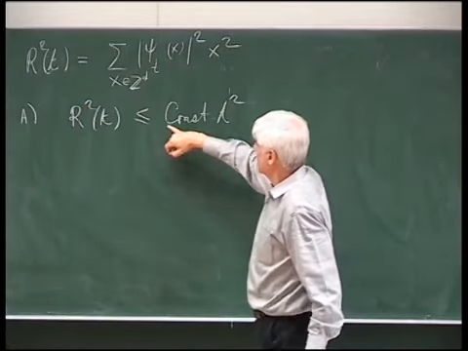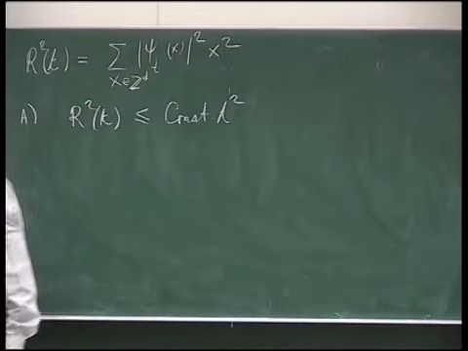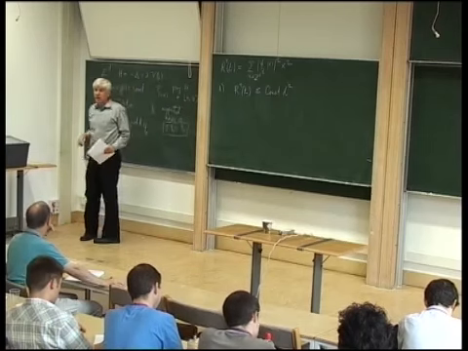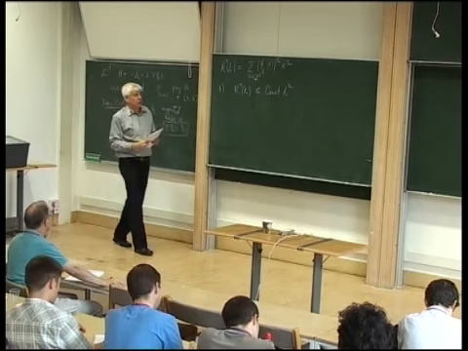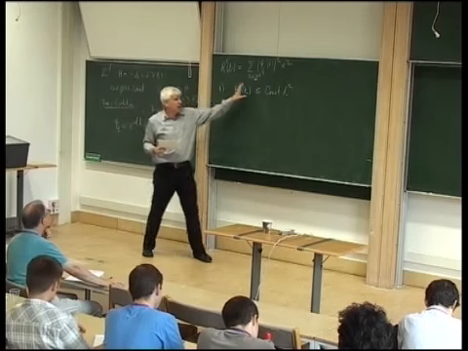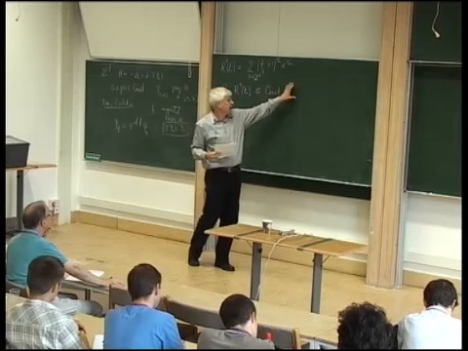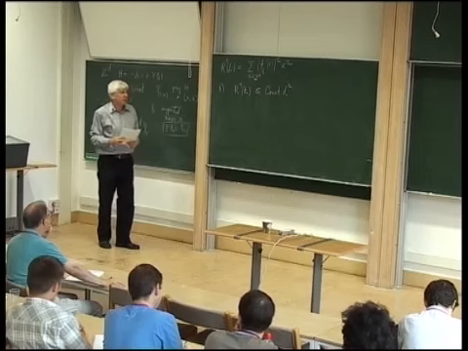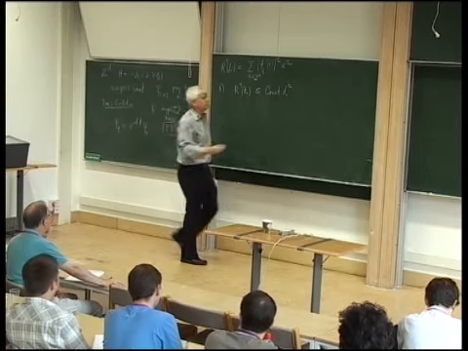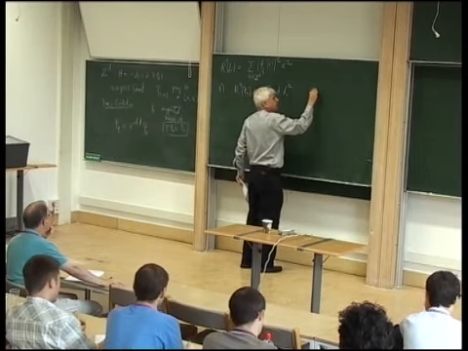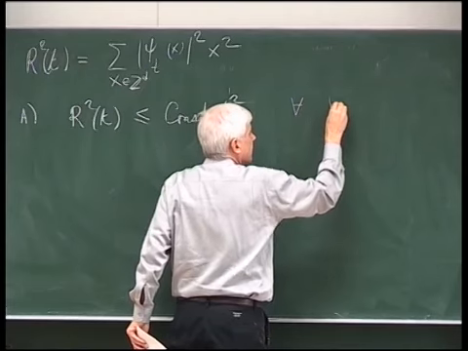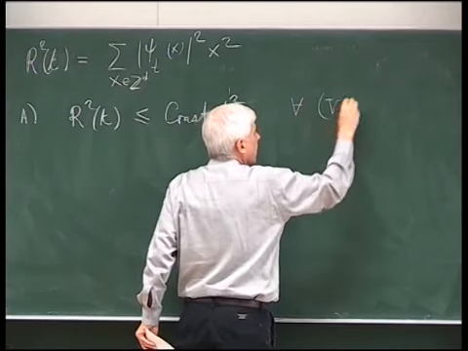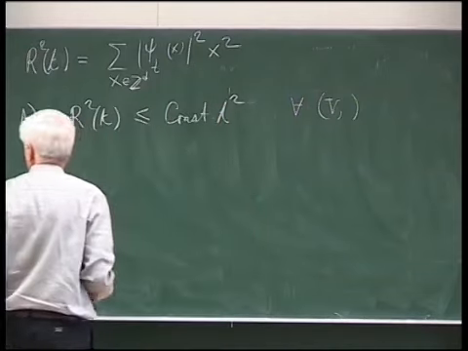This constant is really independent of the V that appears here, and this follows from the famous Duhamel formula. Maybe I'll come back and say a little bit more about that later. Since I did prove it last time, I might get a chance to do that today. So this is for all potentials. I don't have to take any expectation.